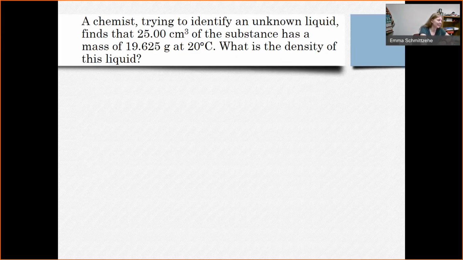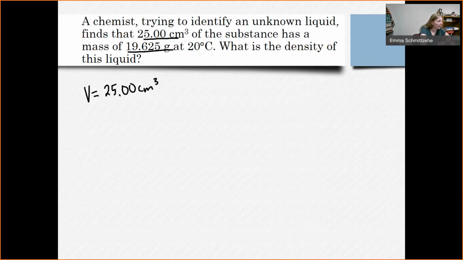So kind of the key is, let's think about what information do we have? What are we looking for? And so we have a volume, right? We have this 25 cubic centimeters. That's a volume. Okay, so that's V. I'm just going to write that down. And then we have the mass, right?